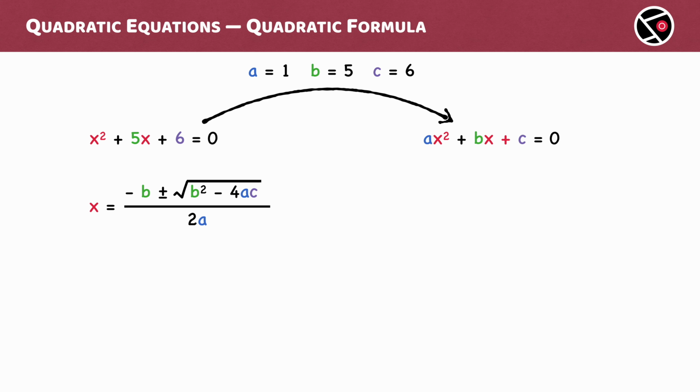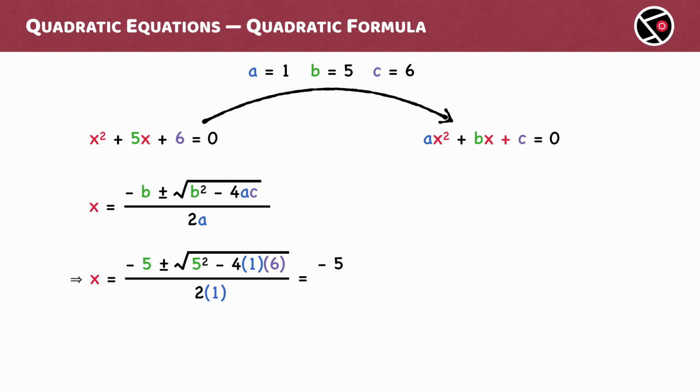We substitute the values of a, b, and c to get x equals minus 5 plus minus square root of 5 squared minus 4 times 1 times 6 over 2 times 1. X equals minus 5 plus minus square root of 25 minus 24 over 2, or minus 5 plus minus 1 over 2.